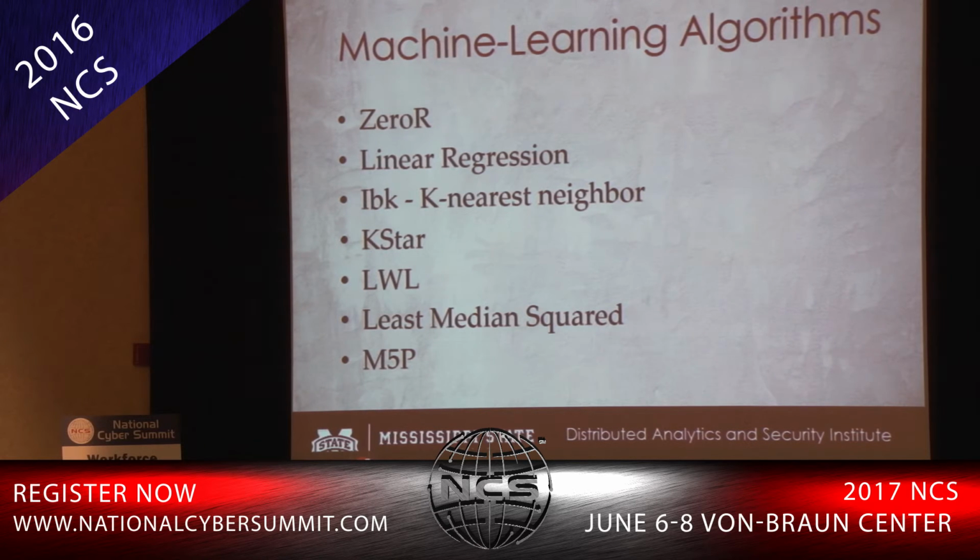And then we use the k-nearest neighbor, K-star, and local weighted learning, which are all instance-based learners or lazy learners. They rely very heavily on data points they have seen before. So they perform particularly poorly if met with data that they've never seen before, or they've never seen data quite like it. And then we have least median squared and a tree-based algorithm M5P.